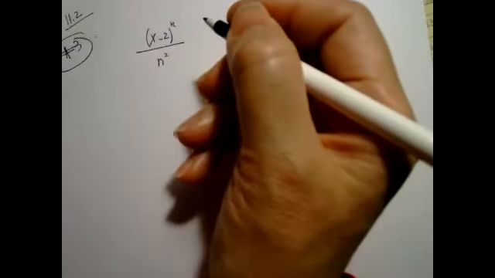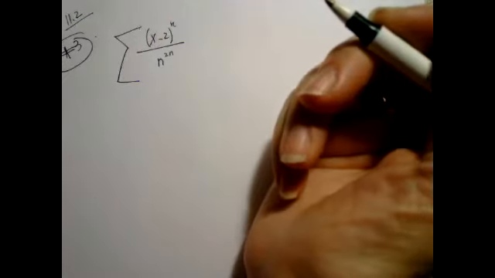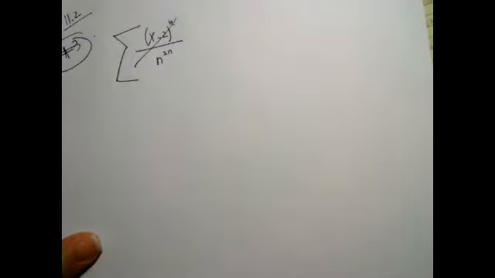Yeah. So it's (x minus 2) to the n over n squared times 2 to the n. Over n squared? 2 times 2n, or 2 to the n power, sorry. That's it? N squared times 2 to the n power. Oh, okay.